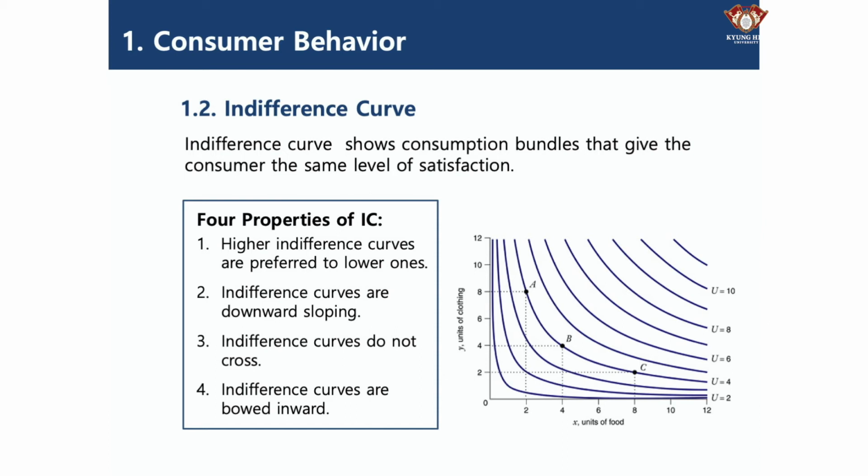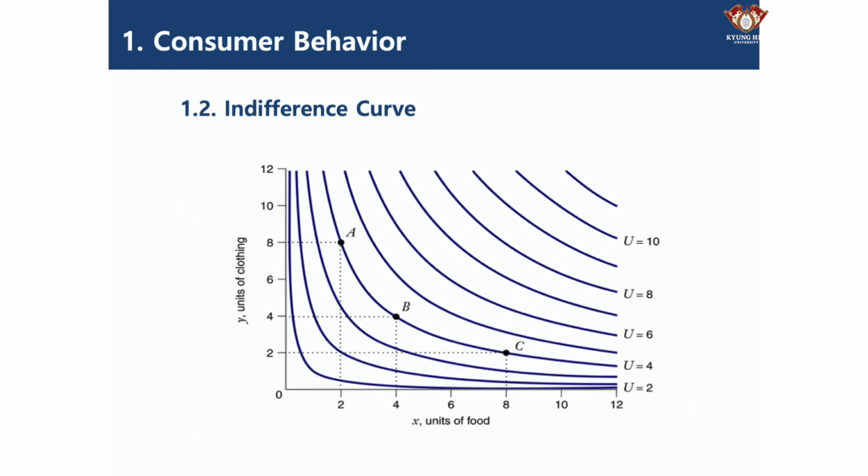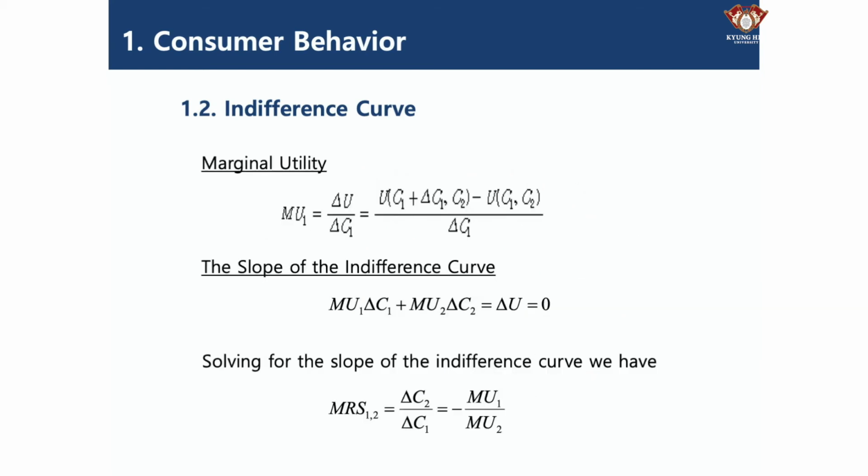Number 3, indifference curves do not cross. Number 4, indifference curves are bowed inward. Look at this: the indifference curve is shaped like this. So bowed inward means this kind of thing. In the graphical explanation I already explained this concept.